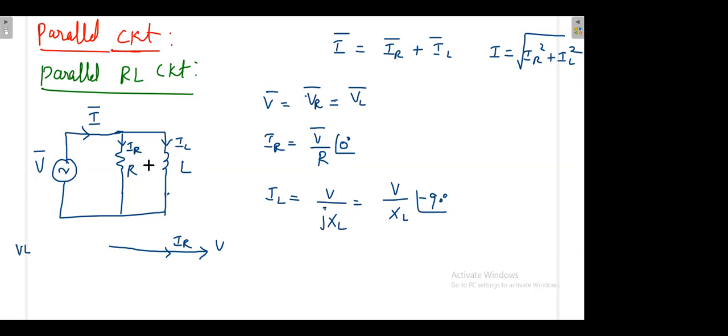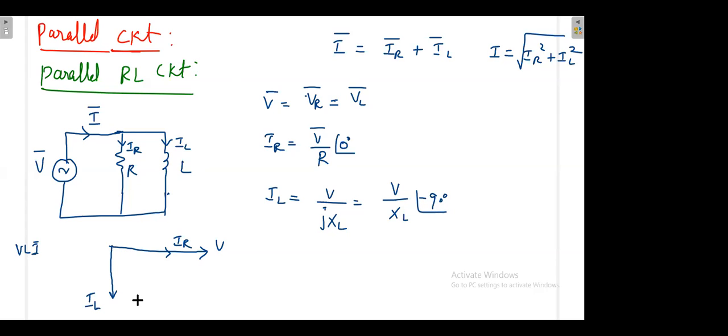Current across the inductor is IL, voltage across the inductor is V. Voltage will lead the current by 90 degree, which means the current across the inductor will lag by 90 degree. So I can write IL here. Then where will be my I? My I will be something common to this one.